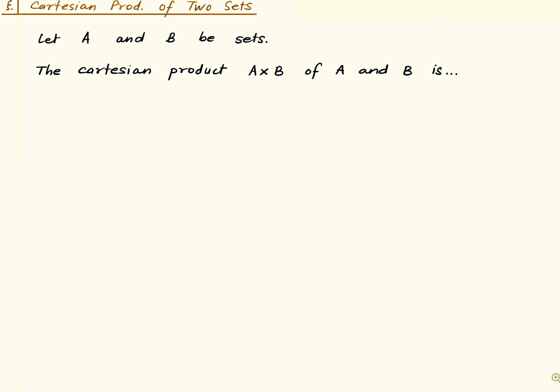The Cartesian product of A and B, written in this fashion, is defined as all pairs (a, b), where a comes from capital A and b comes from capital B. So all pairs that you can form, where the first entry comes from what we write first and the second entry comes from what we write second. And all such possibilities you collect in a set, and that is the Cartesian product.